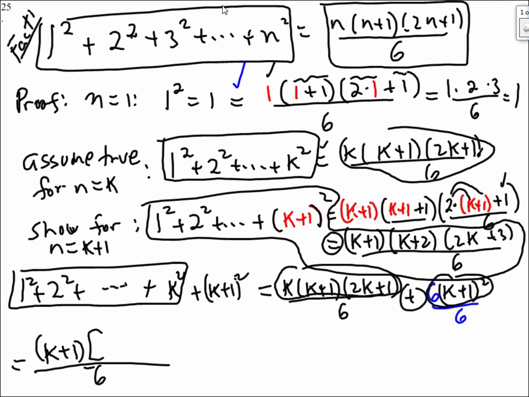What's left over? k times 2k plus 1, plus the 6, and I only factored out one of the k plus 1s, so I have another one left, k plus 1.